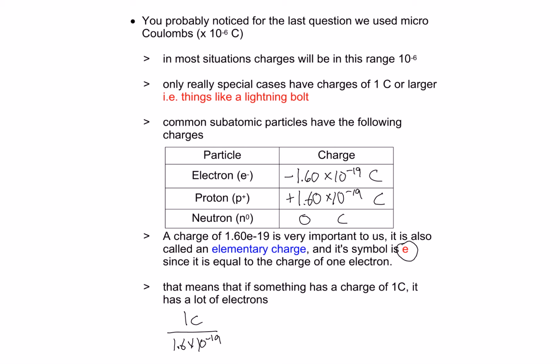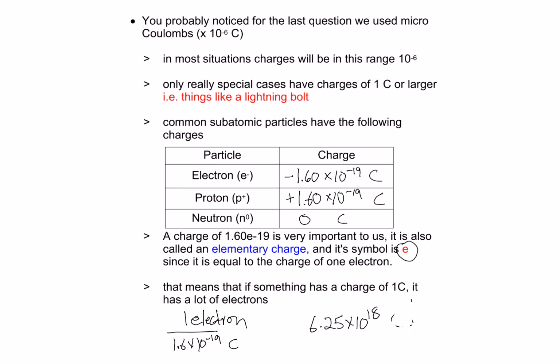I guess I got that backwards. So 1 electron has 1.6 times 10 to the negative 19 coulombs, right? So if we divide those, we would see there's actually 6.25 times 10 to the 18 electrons in 1 coulomb. So I kind of messed that up, but hopefully you understand what I'm trying to get at here.